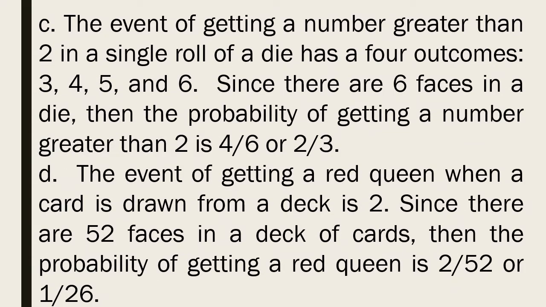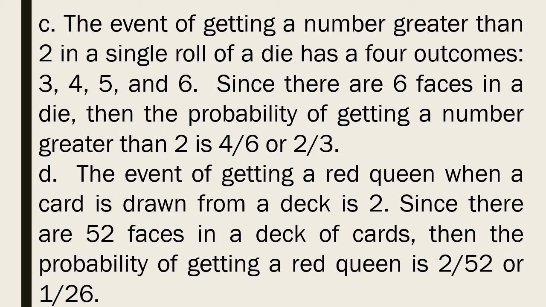For letter C natin, the event of getting a number greater than 2 in a single roll of a die has 4 outcomes. So, yung mga possible number kasi na greater than 2 ay 3, 4, 5, and 6. Since there are 6 spaces in a die, then the probability na ang makukuha natin ay greater than 2 ay 4 out of 6 or that is 2/3.